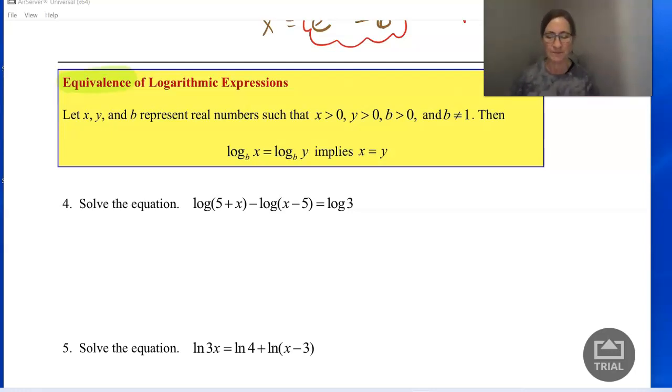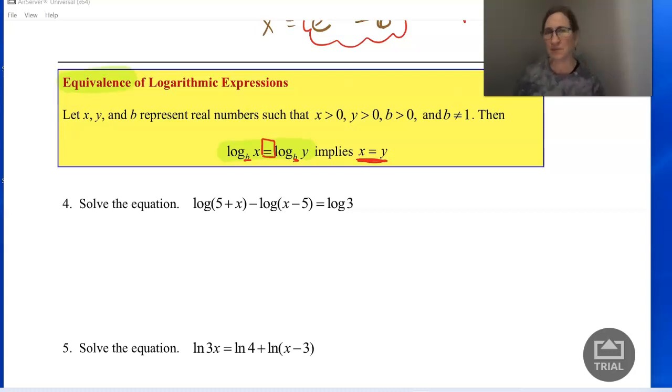For example, if I've got log base b of x equal to log base b of y, I note that my bases are the same. And so this implies that my arguments would have to be the same, because that's the concept behind an equal sign, that both sides of that equal sign are equivalent. So that implies that x has to equal y.